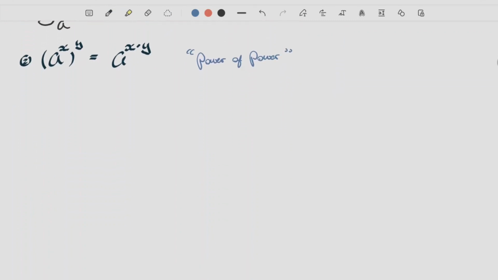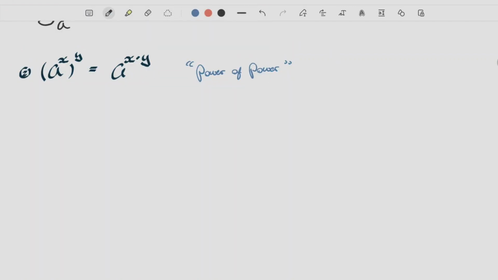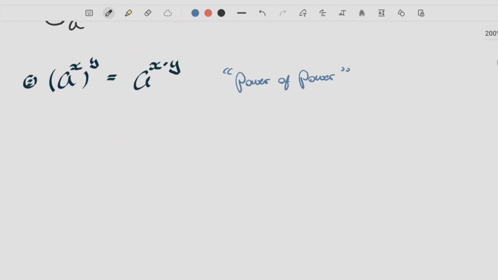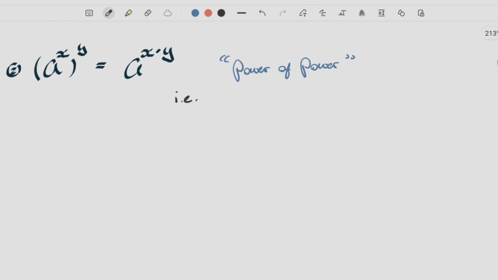Now we're gonna move on to the power of a power rule. Pretty much you're raising some power to an exponent. It's just as if you're multiplying the exponents. Once again, the expectation is that you're familiar with this, but just to give examples to renew the memory: you've got 3 squared, squared.